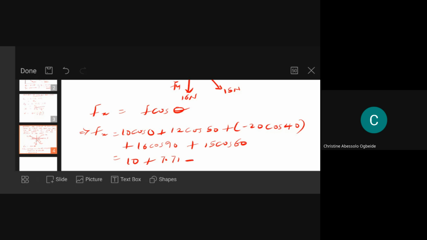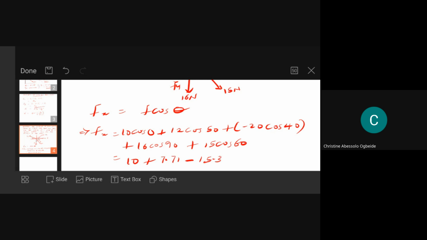So what is 20 cosine 40? 15.3. I write it, 15.3. Now I have plus.